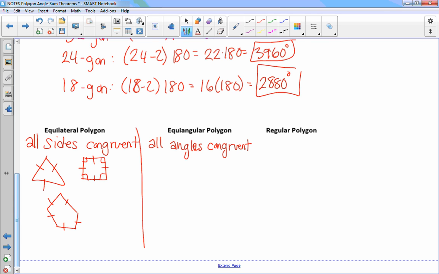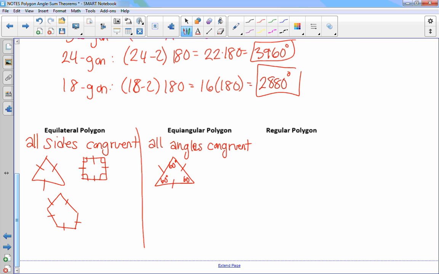Who knows what three-sided polygon has all angles congruent? What kind of triangle? Equilateral triangle. All angles of an equilateral triangle are how much? 60 degrees. Equilateral triangles are all 60 degrees.